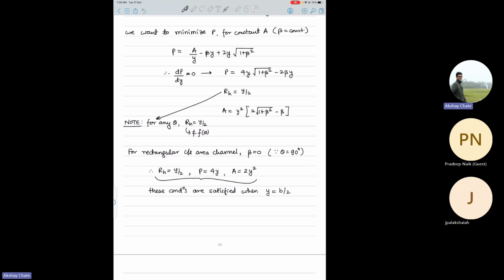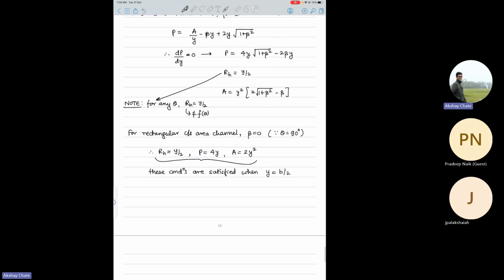So basically you will have some channel like this, let's say a certain rectangular channel, and this will be your flow depth. When your channel width becomes 2 times your channel depth, then your rectangular cross-sectional area becomes efficient.